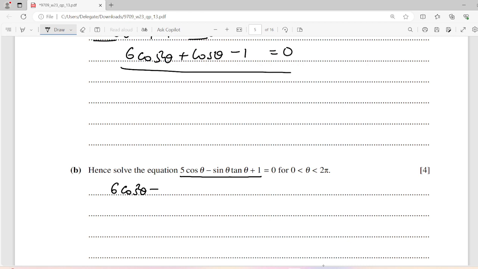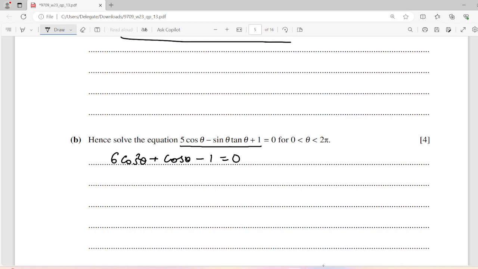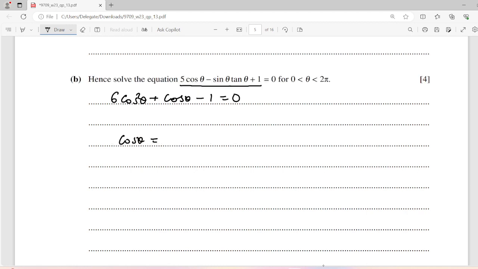So this is a quadratic expression, but in terms of the cos, not x. So meaning when I solve it, I'll have cos theta equaling to negative a half, and cos theta, when you solve with the calculator, please use a calculator. When you use a calculator, make your a to be 6, your b to be 1, and your c to be negative 1, and the answers you get will be negative a half.